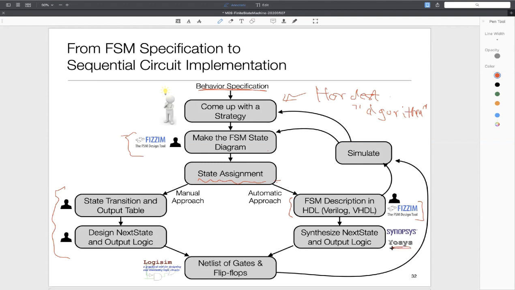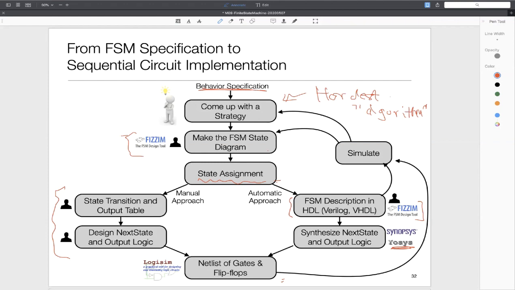Those of you in the honors class have seen Yosys, but there are companies which make industry standard products. The most famous one is a company called Synopsys. They make super expensive tools, which among other things do these things automatically. At the end, you get a wiring diagram consisting of gates and flip-flops. Then you feed that into another set of tools to get your chip or FPGA or whatnot. So that's the sequence of things.